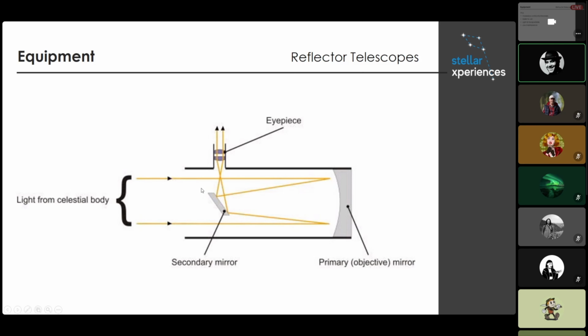And then there is another mirror, a secondary mirror, and then we have the eyepiece to create the vision coming from the primary and reflecting through the secondary mirror. And these are called reflector or Newtonian telescopes.